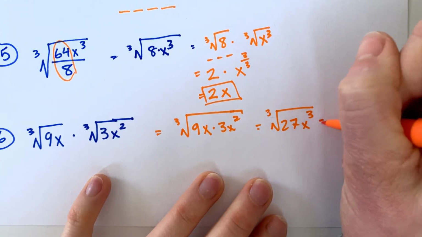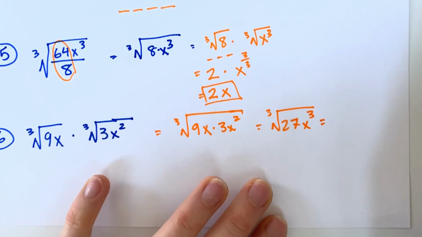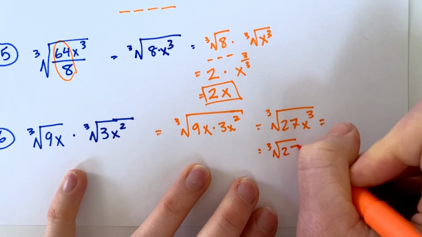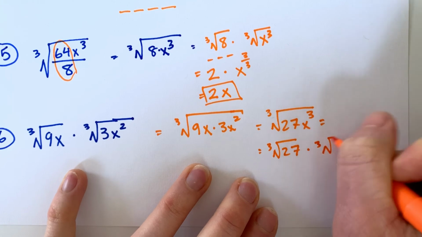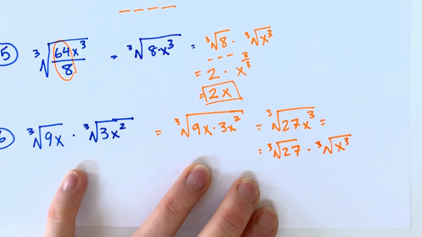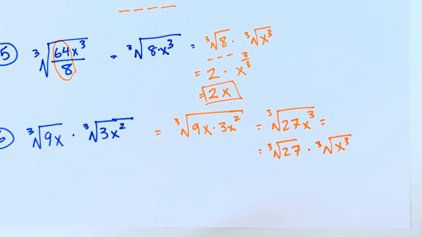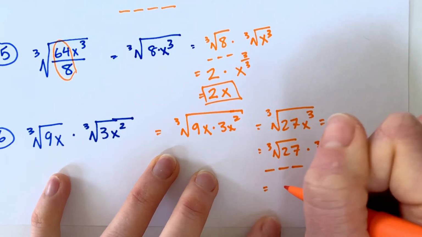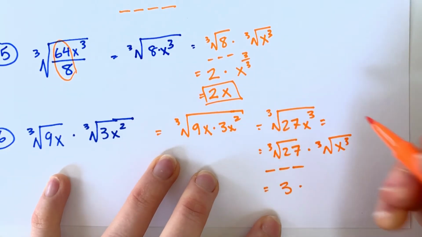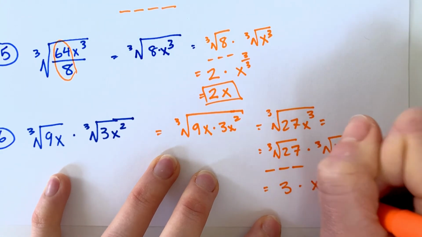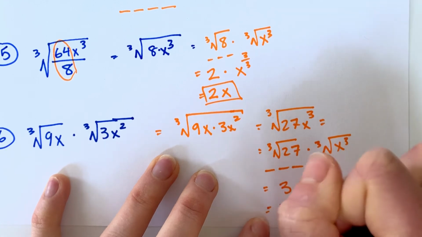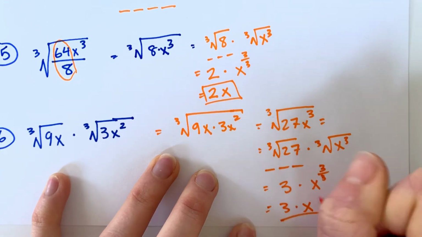I know it seems kind of like we're going in circles, but I promise it is helpful. So this is going to be the cube root of 27 times cube root of x cubed. All right, the cube root of 27, what multiplied to itself 3 times equals 27? That is 3. And then again, the 3 is the denominator, and then this 3 is the numerator. So I've got 3 times x to the first.